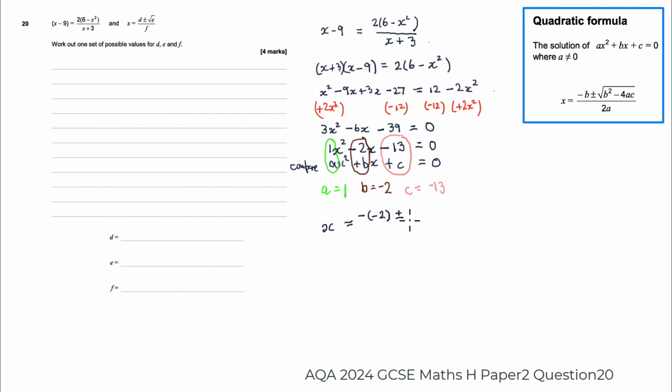And it's the square root of b squared, that's negative 2 squared, minus 4 times a times c. 4 times a is 1, c is negative 13. And that whole thing gets divided by twice a.